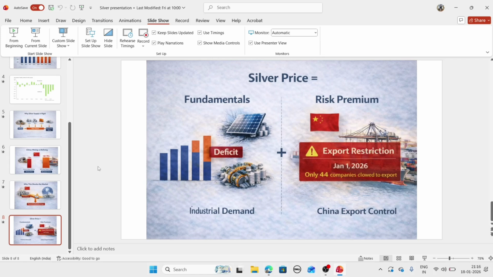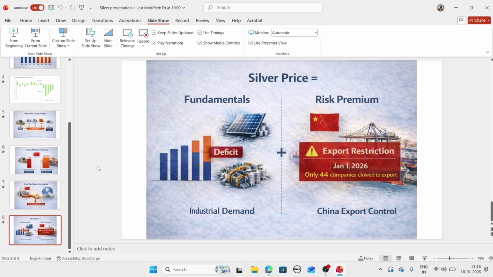If that happens, the deficit persists, but the market adapts gradually, you know that the market adapts. China licenses stay, but the global supply chain adjusts. The Silver Institute has repeatedly highlighted strong tech-driven demand growth themes through 2030.